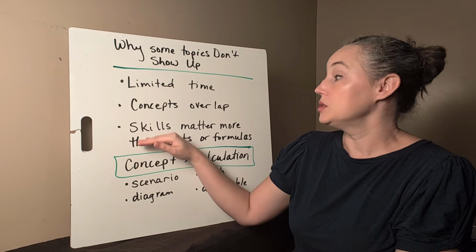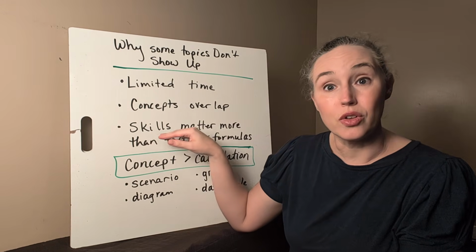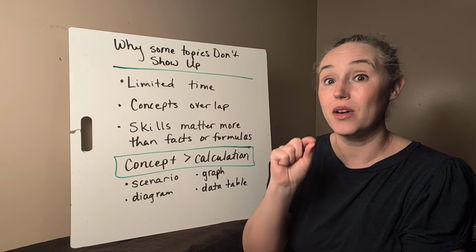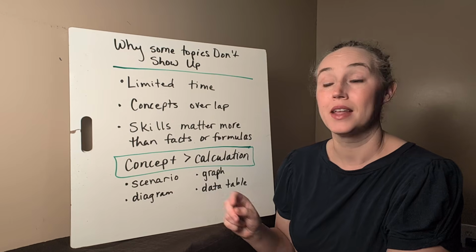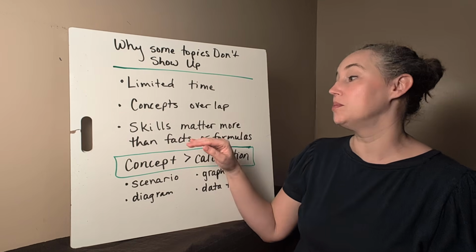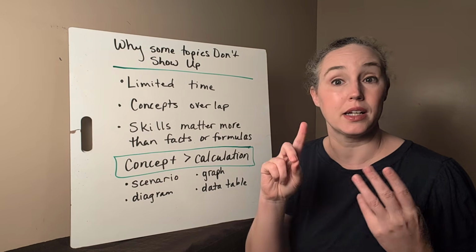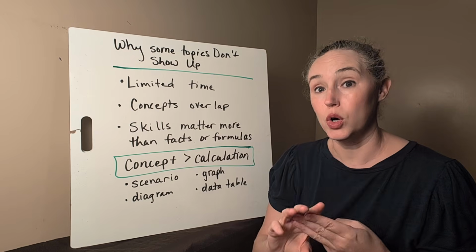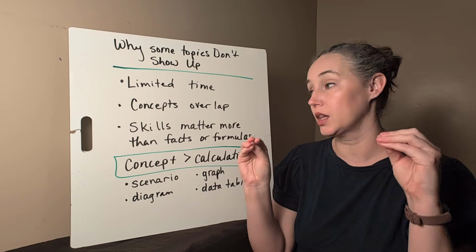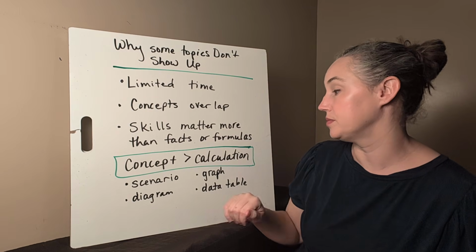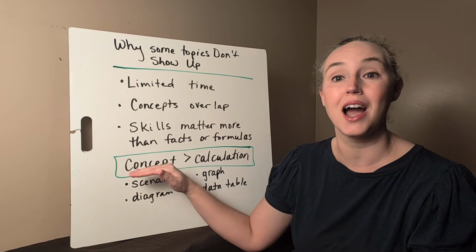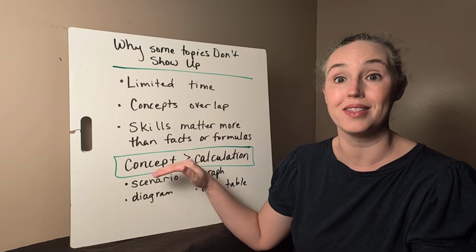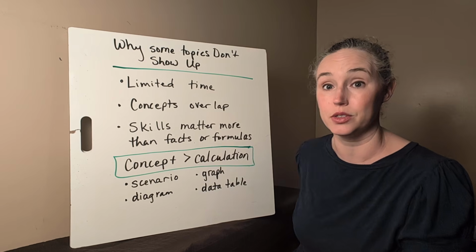And what's the most important is that skills, those science practices, matter more than the facts or formulas. So being able to explain, predict, justify, those are all the most important things that you need to be able to do. Understanding a concept is more important than being able to do the calculation.